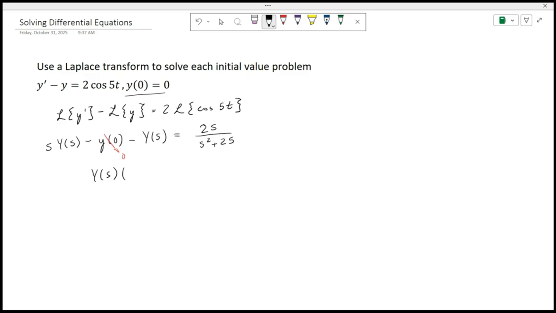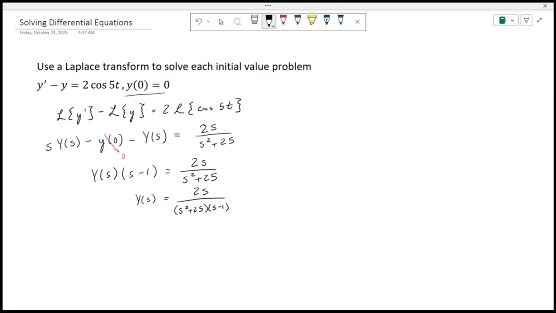So I get y of s times s minus 1 equals 2s over s squared plus 25. Okay, so to solve for y of s from here, I need to divide by s minus 1. So I get y of s equals 2s over s squared plus 25 times s minus 1.